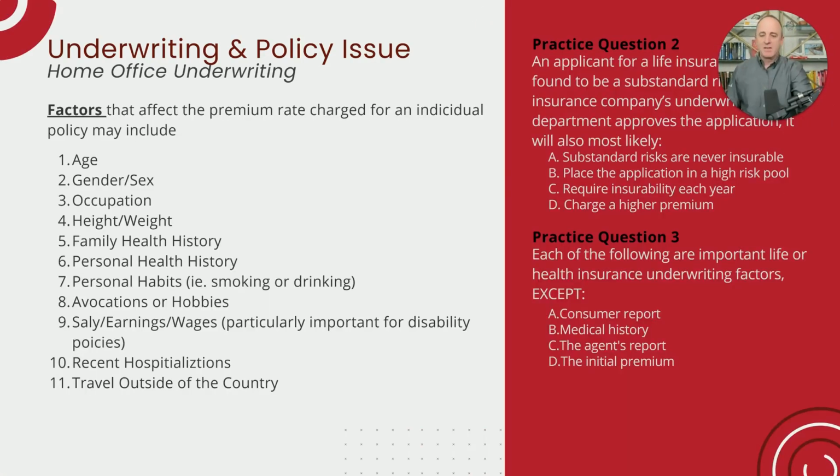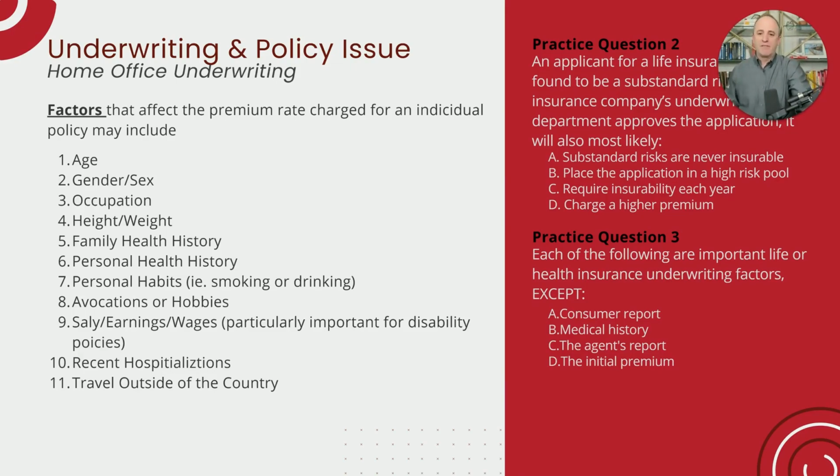These are some of the factors that affect the premium. You can get an idea here. Obviously age, gender, occupation. If someone is a computer programmer, they're less likely to pay a higher rate than someone who is a stuntman or a stunt person, as an example. Personal health history, habits. Do they smoke? Do they drink? Drinking occasionally is not necessarily an issue.